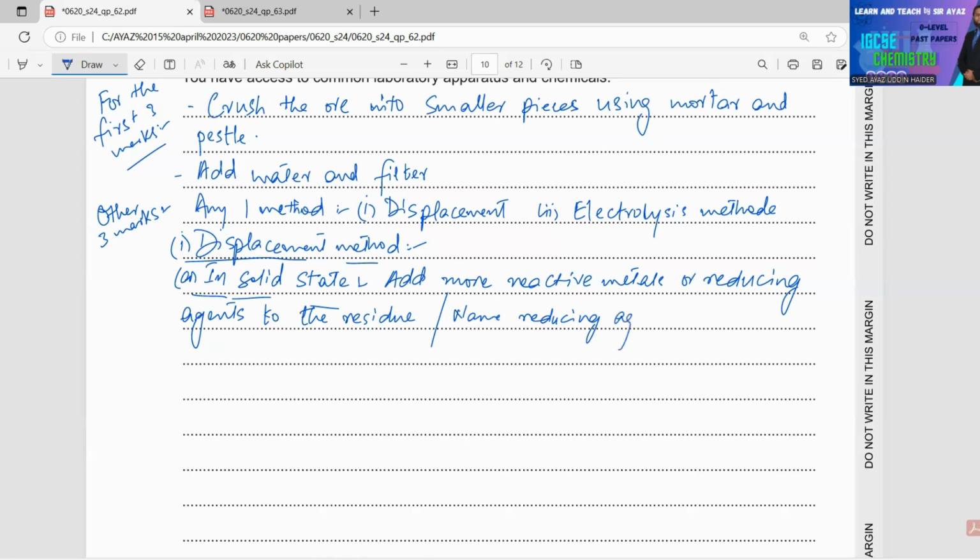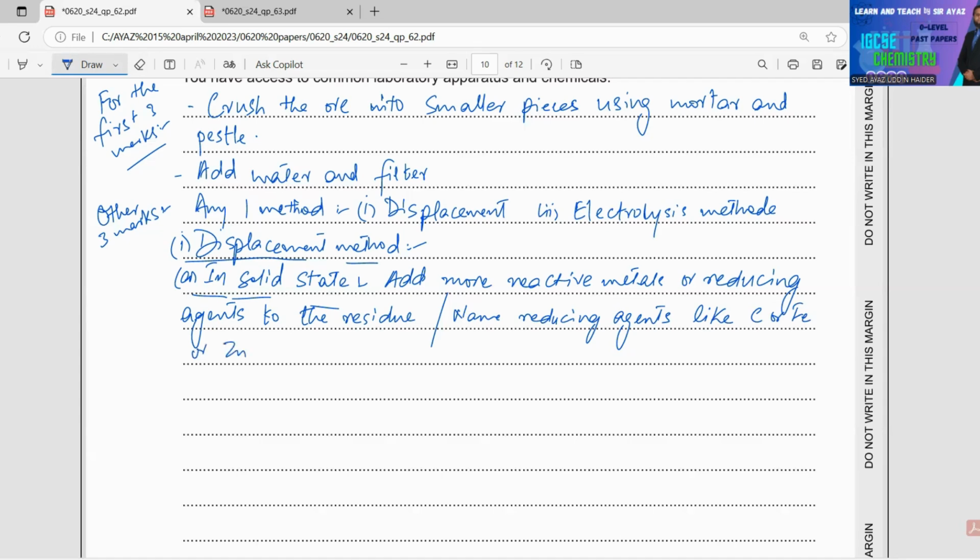Name reducing agents like carbon, or iron, or zinc, or aluminium, or magnesium, or hydrogen, or even carbon monoxide, CO. Then you will heat to get bismuth.